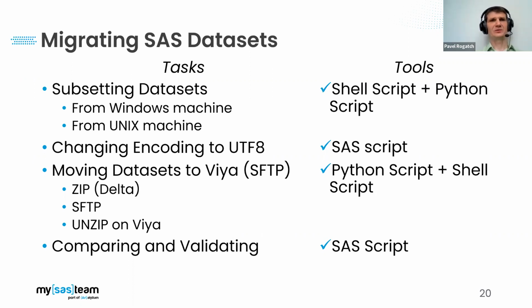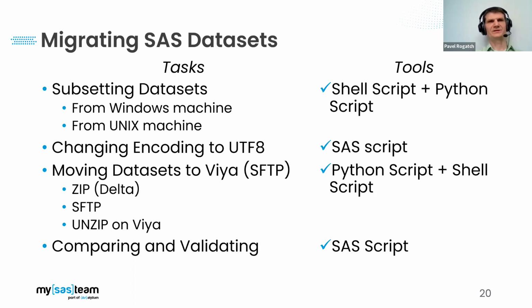The SAS Global Hosting team helped us to unzip this data on the new platform and place data and code into the new folder structure. And the last thing is comparing and validating.